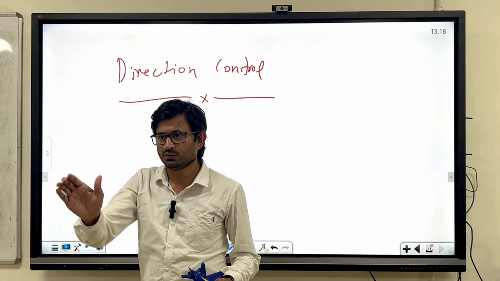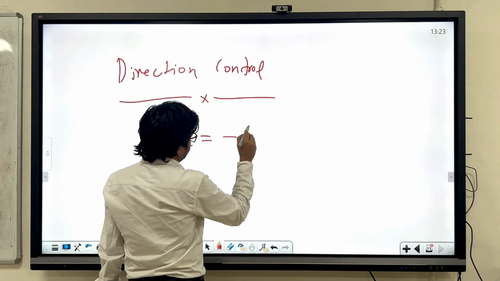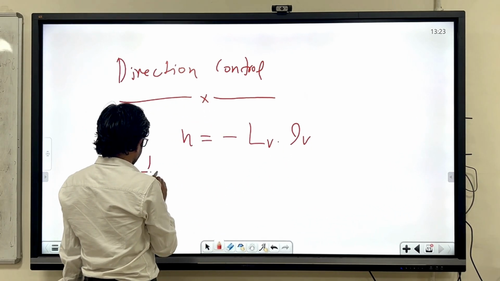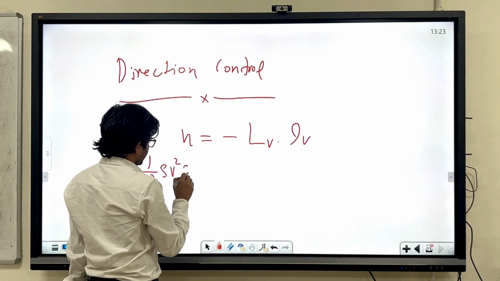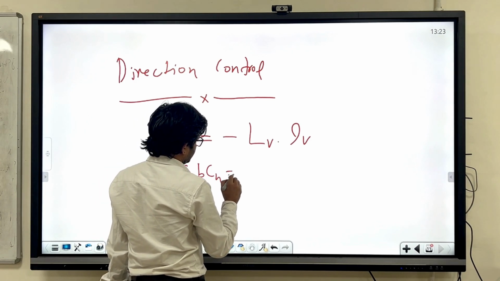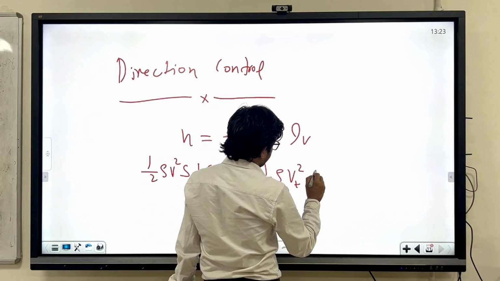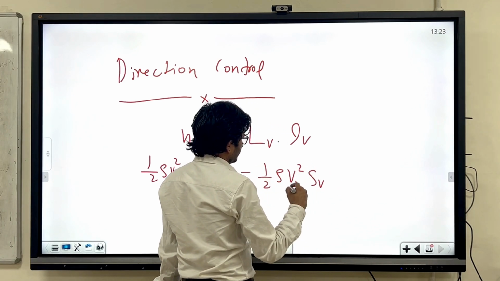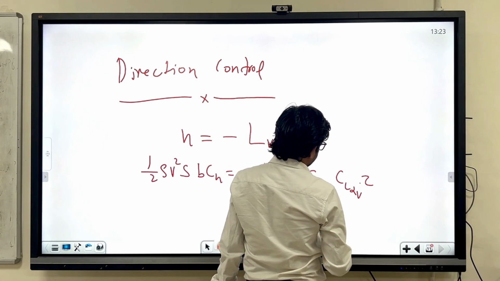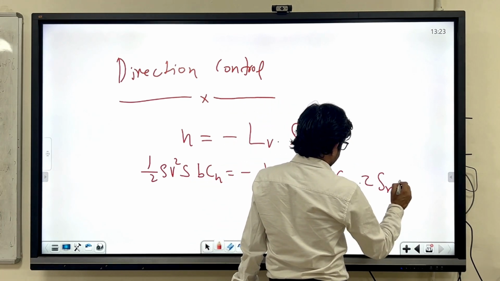Positive, negative, okay. Small n, yawing moment, is minus L_V into l_V. This you can write as half rho V square S b C_n, and this you can write as half rho V_T square S_V, and then the lift coefficient you can write in terms of the vertical tail lift slope, and since you are deflecting the rudder, you will write tau into delta R, this into l.